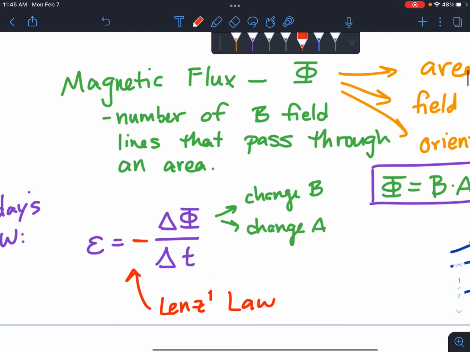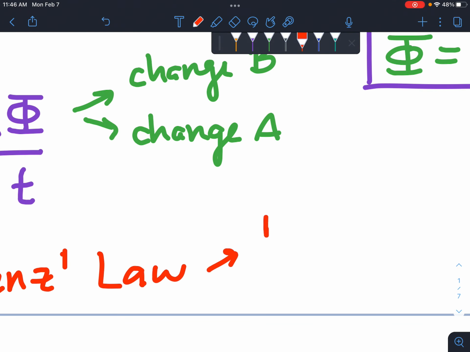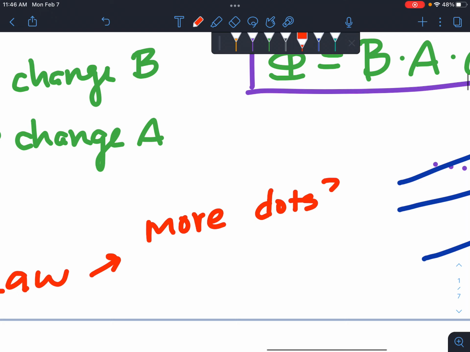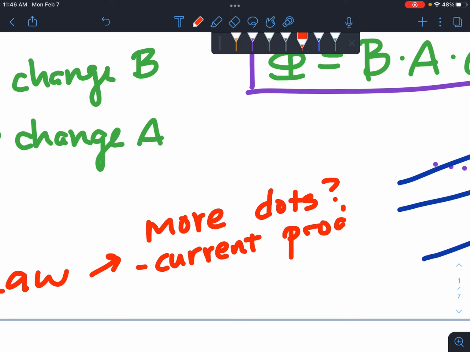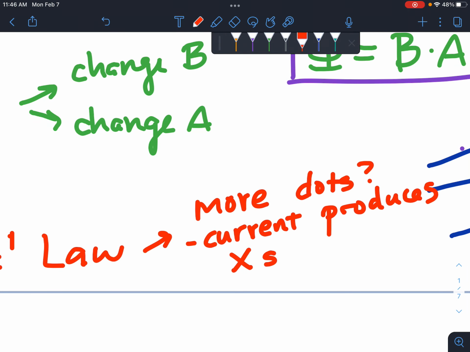So that basically means if you have more dots, the current will produce X's.